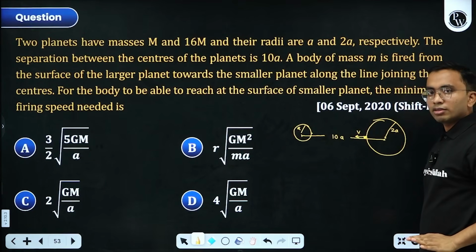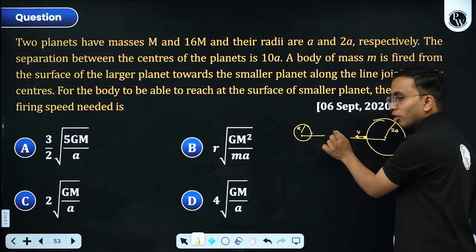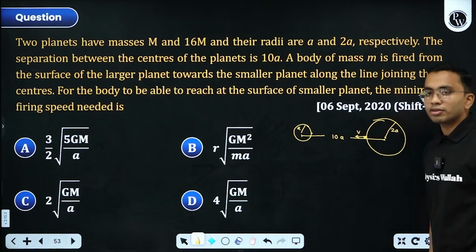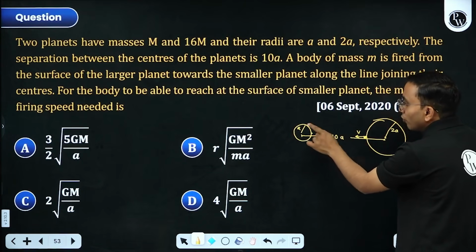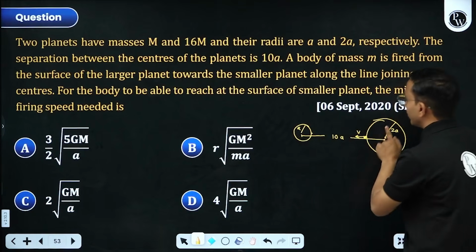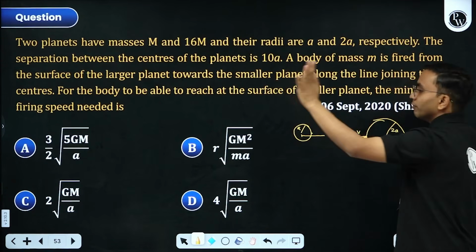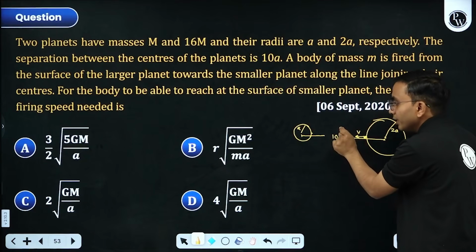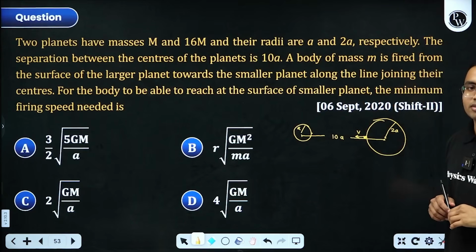So if this mass just reaches that point, it will automatically be attracted by the smaller one, isn't it? After that point it will just be attracted. So for minimum v, I'll say it critically reaches there. It means it reaches with 0 velocity at that point.